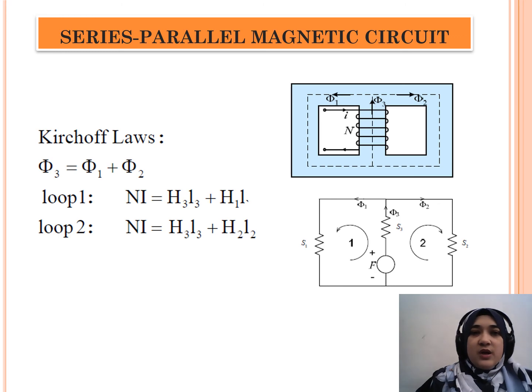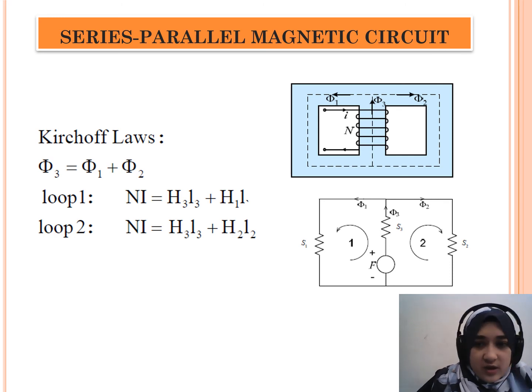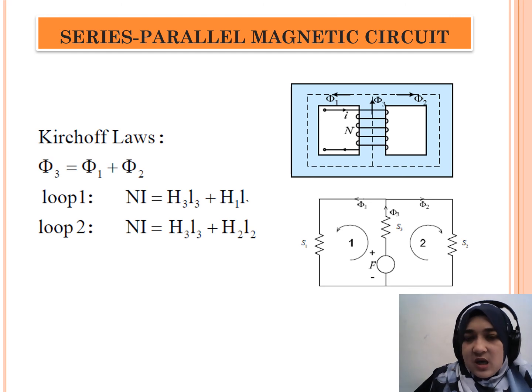Okay, now we are going to analyze the circuit. This one is really important. But once you get the concept, just like your electric circuit, you will be able to do it. So, for example, a series parallel magnetic circuit. You got the magnetic core like this. How to put it into the magnetic circuit? You can draw like this. Okay, we have two loops here.